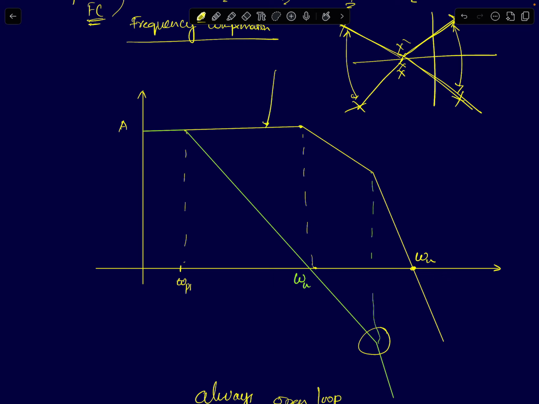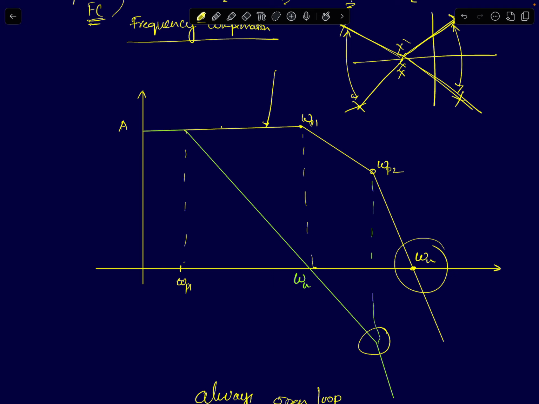The open loop has 2 poles, omega P1 and omega P2, which are close by. When you have 2 poles which are close by and the gain is also very high, then near the UGB, if you plot the phase response, the phase shift will be close to 180 degrees. And if your phase shift is close to 180 degrees, you are close to becoming unstable.